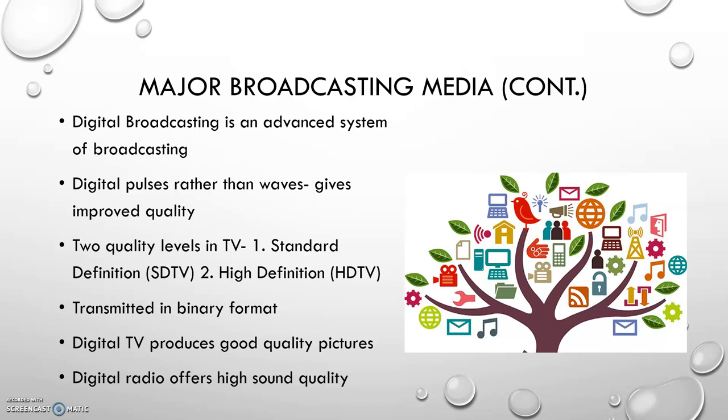The first one is standard definition, that is SDTV, and the second one is high definition, HDTV. Transmitted in binary format, digital television produces good quality pictures and digital radio offers high sound quality.